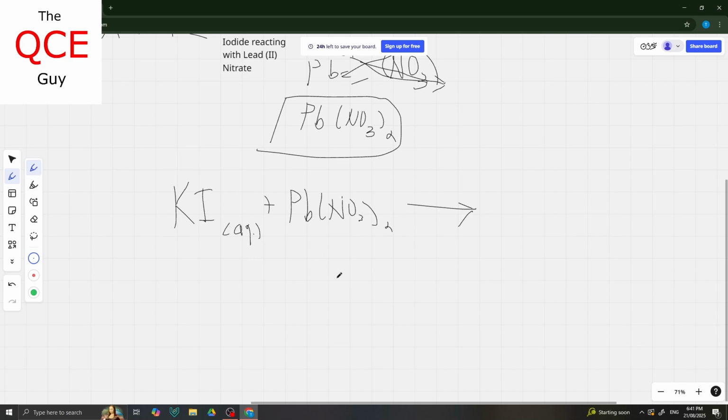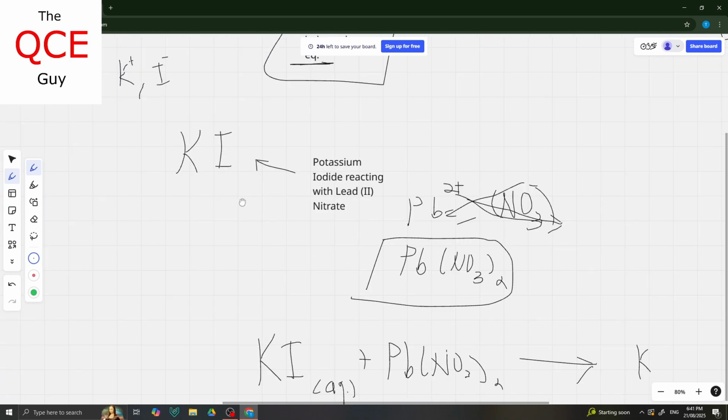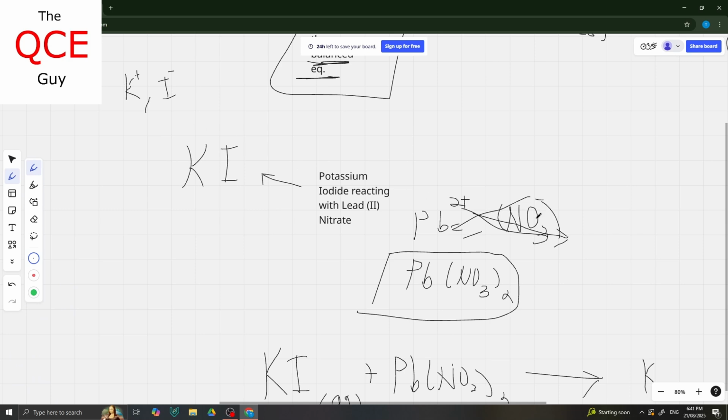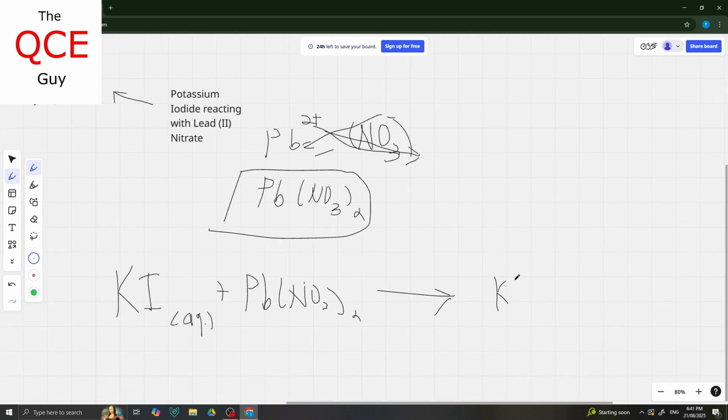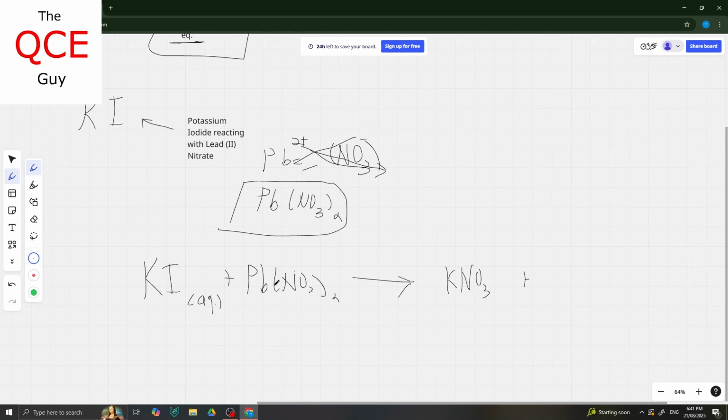K has a charge of +1 from up here, our K+, and our NO3 is a minus, so it's going to form KNO3, and it's also going to form some amount of lead iodide. Our lead we said was a 2+, because it's lead(II). So Pb, and iodine is a -1, so it's going to be PbI2.